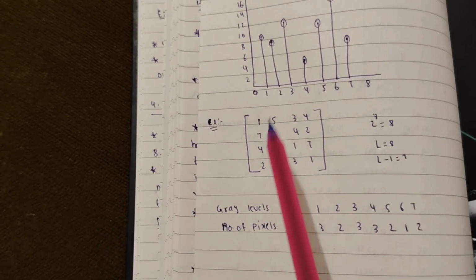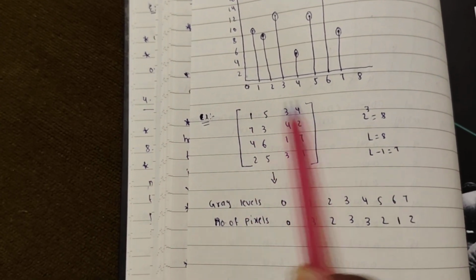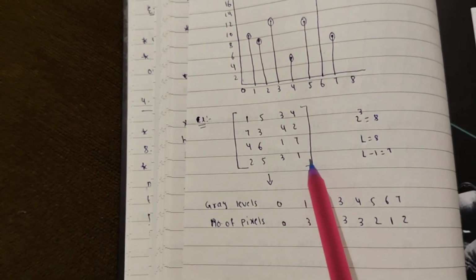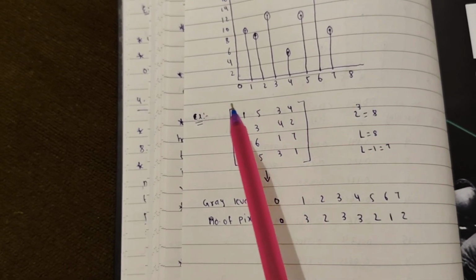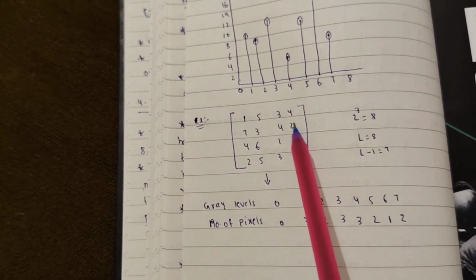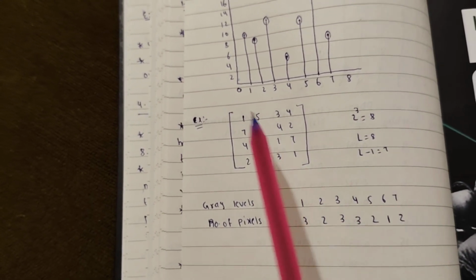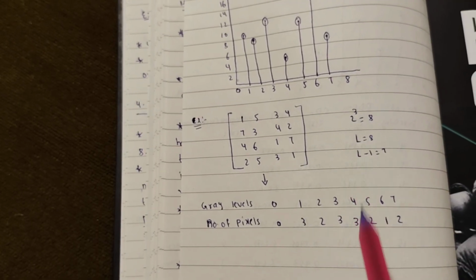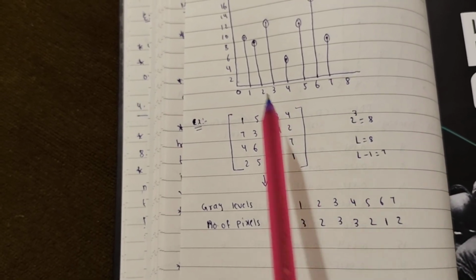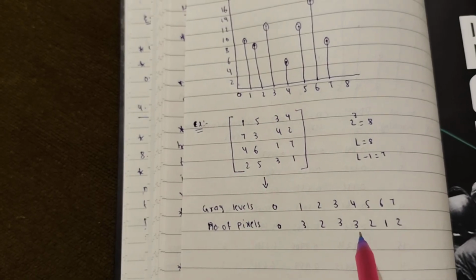Number of pixels we have, we will count the number of zeros there, 0, we will count the number of ones, 1, 2, 3, there are 3 ones here. The number of twos here is 1, 2, there are two twos. Number of threes in the given image is 1, 2, 3, 3 pixels. Number of fours in the given image is 1, 2, 3, 3 fours are there.